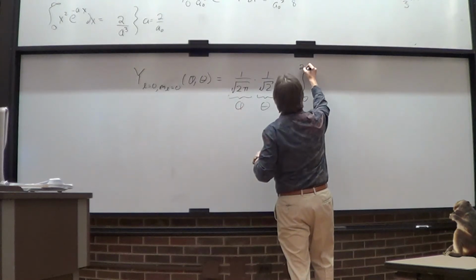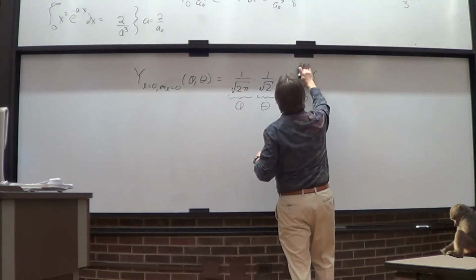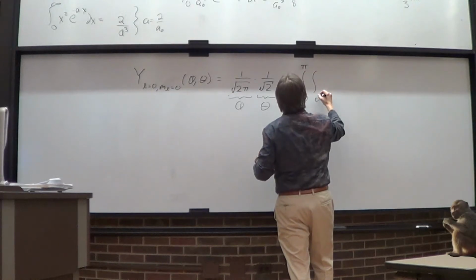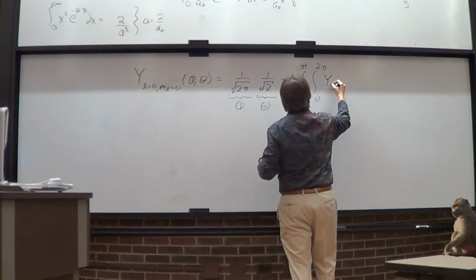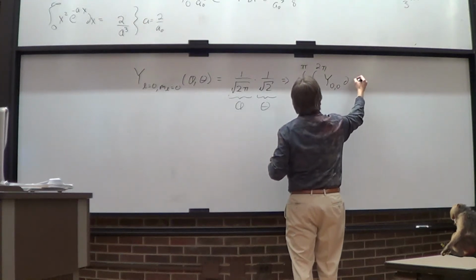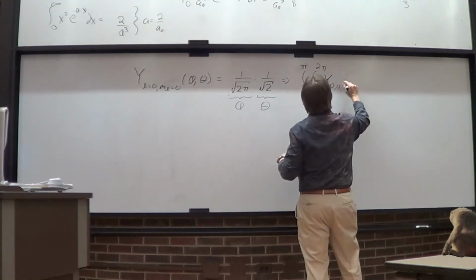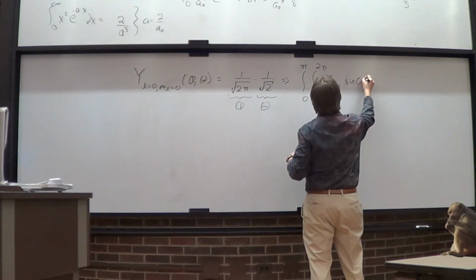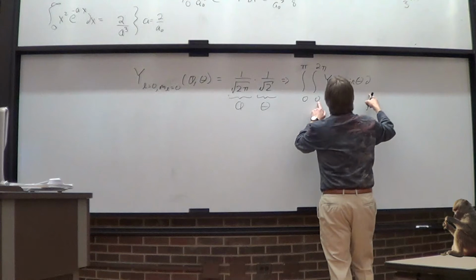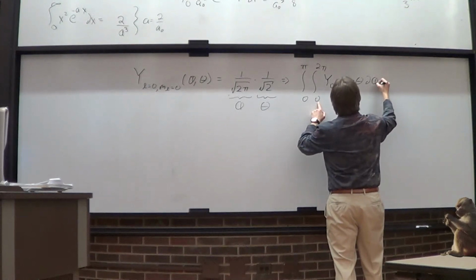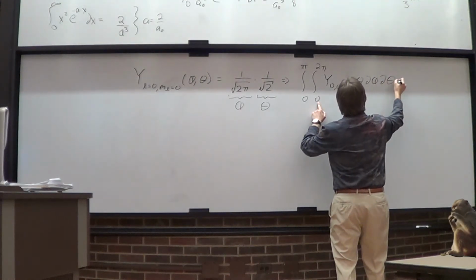So again, theta, sorry, I got to do this, phi. Phi goes from 0 to pi. Theta goes from 0 to 2 pi. What's the way? Inner one, right? That's E. There we go.